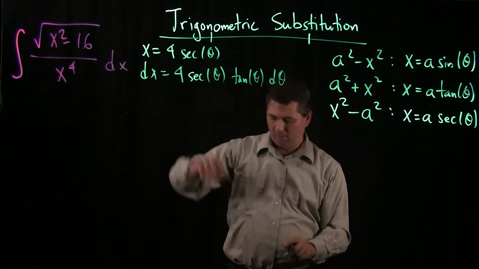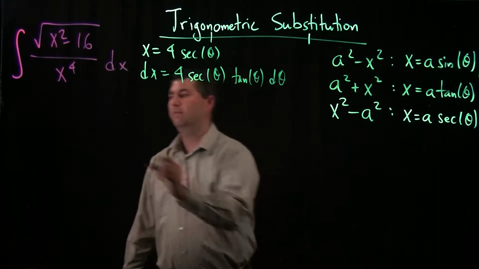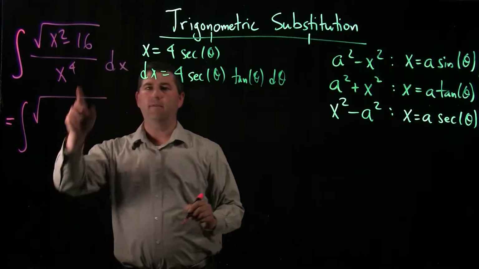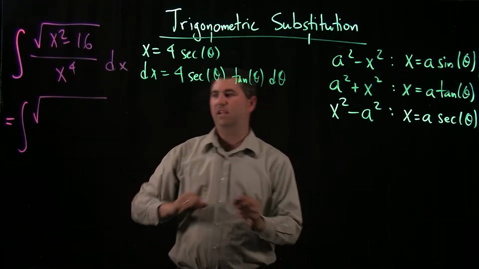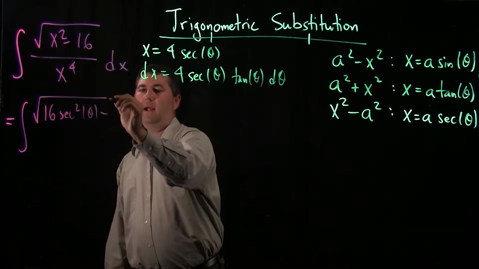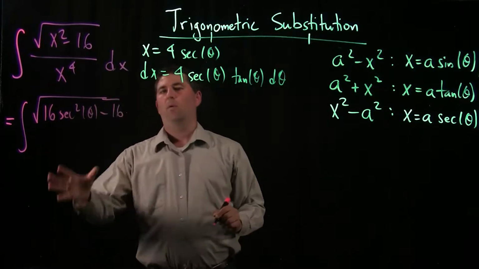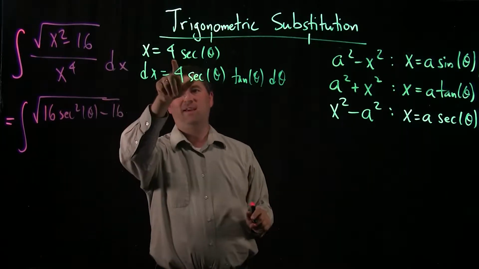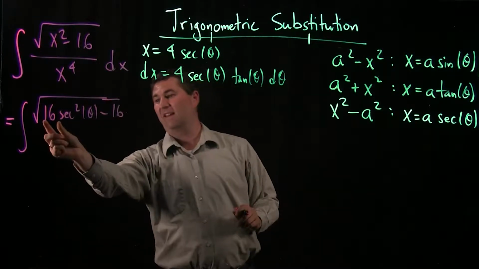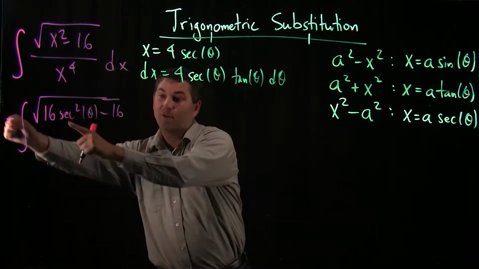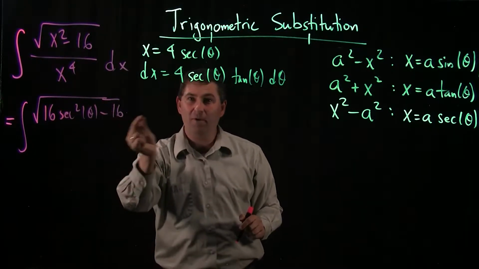Now we've got to put it back into our antiderivative. I have a square root of x squared becomes 16 secant squared minus 16. Once again, you see why we're doing this substitution with the 4, which was the square root of 16. It gives you the same number when you square it. Then I'm going to factor out a 16, and I'll get secant squared minus 1.